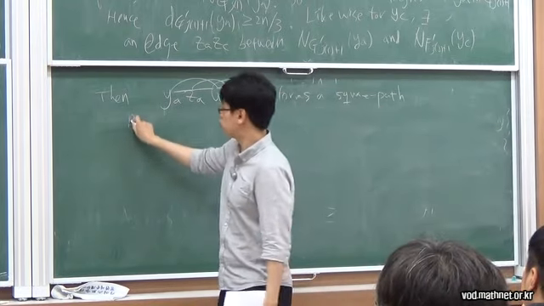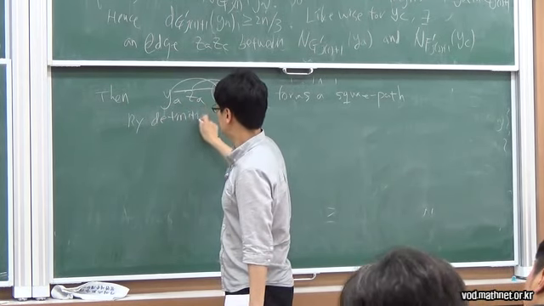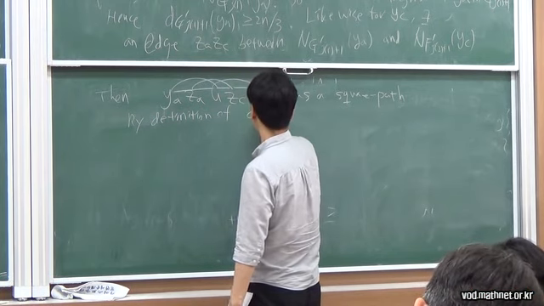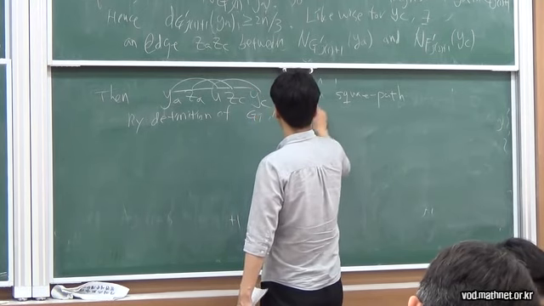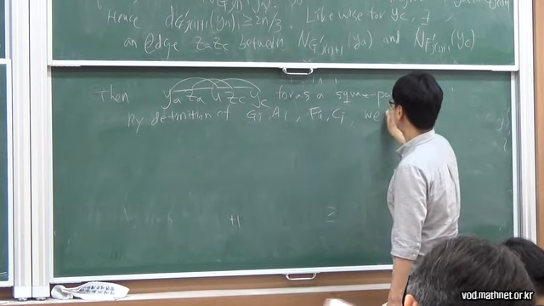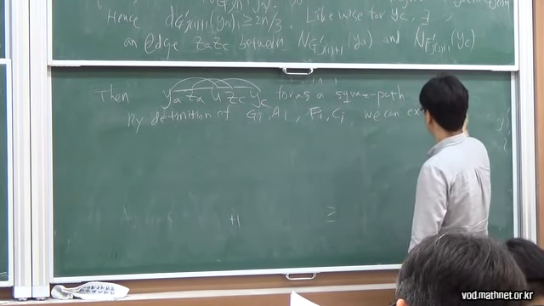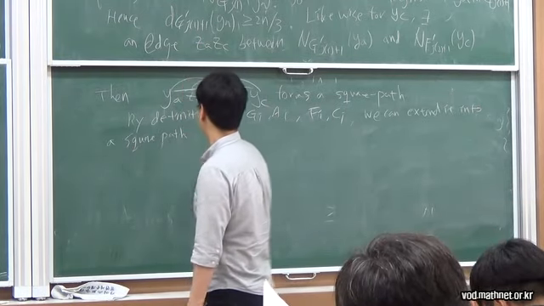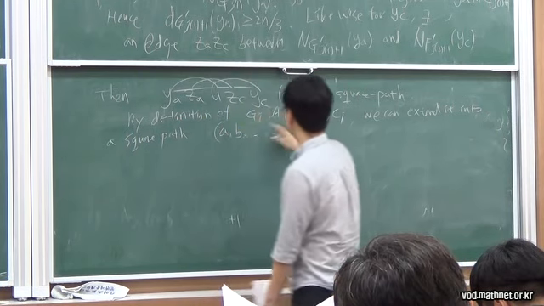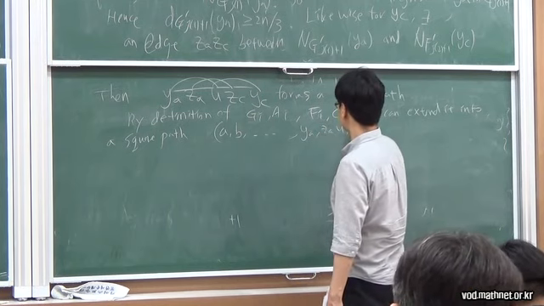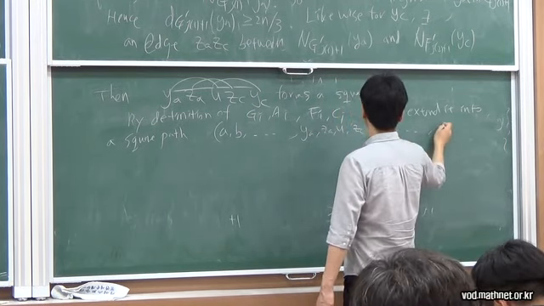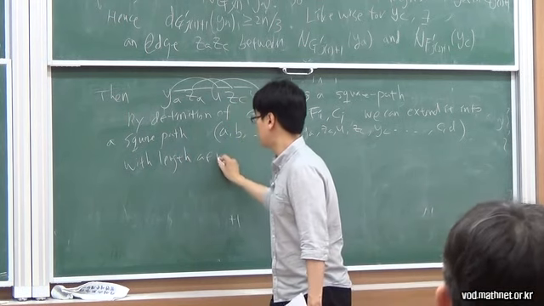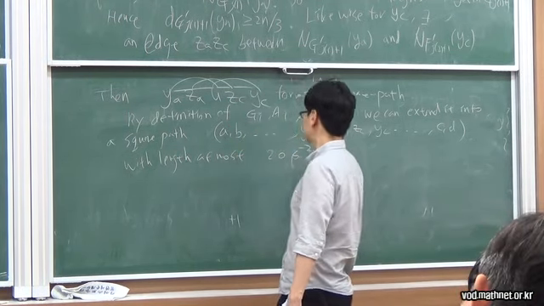And then by using the definition of G, say I, A_I, C_I, we can extend it into a square path from A, B, to C, D, through Y_A, G_A, U, G_C, Y_C, with length at most, say, 20 beta to the negative 2.